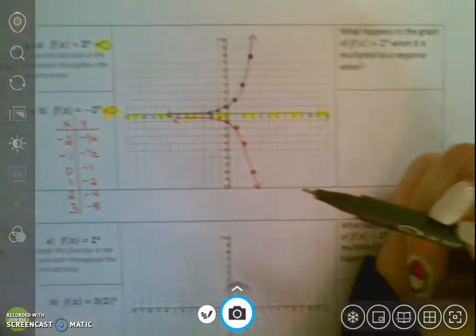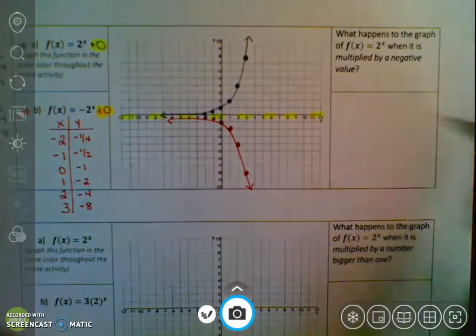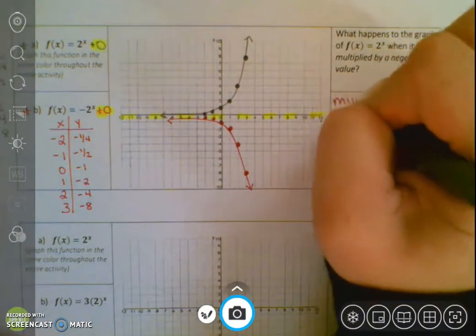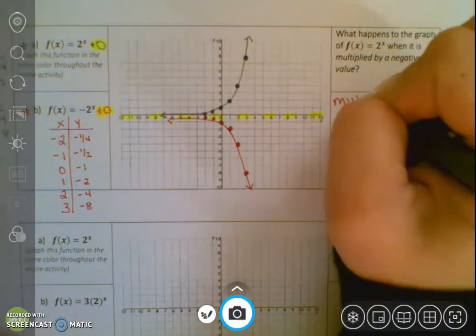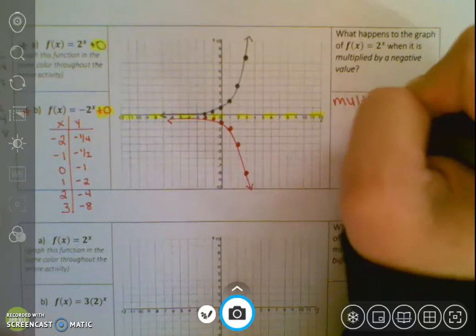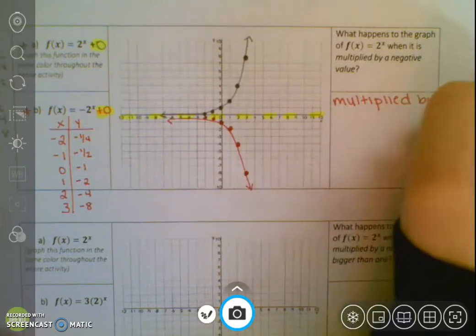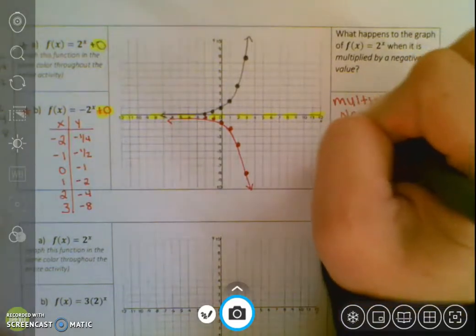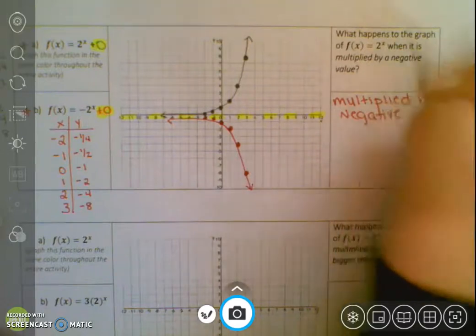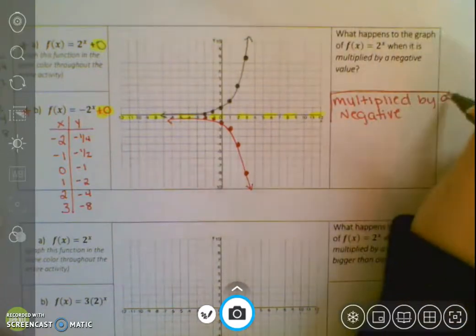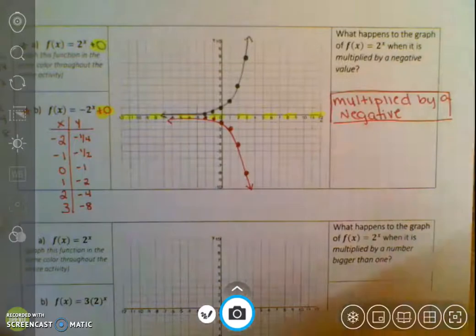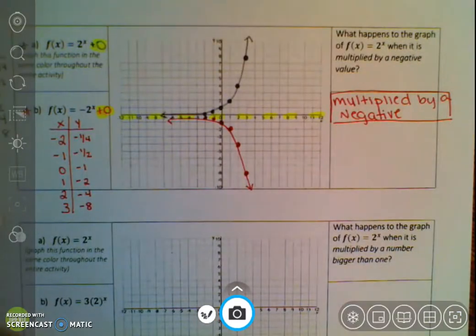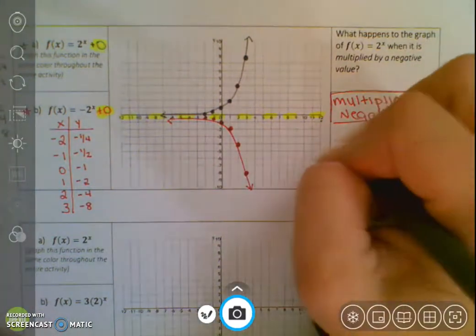So over on the right side, you're going to write multiply by a negative, and that ends up being a reflection across the x-axis.